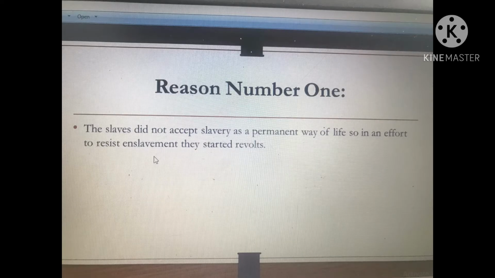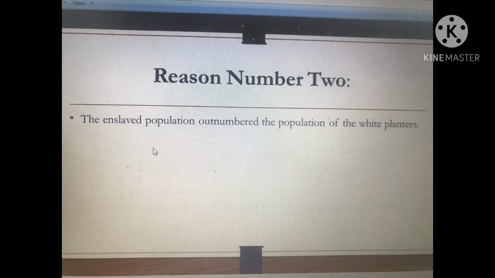Reason number 1. The slaves did not accept slavery as a permanent way of life. So, in an effort to resist enslavement, they were often starting rebellions and revolts. Reason number 2. The enslaved population outnumbered the population of the white planters.